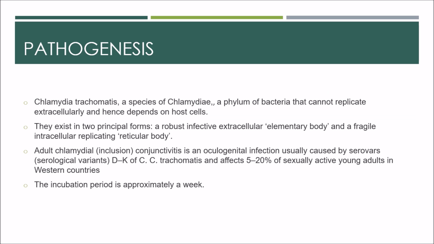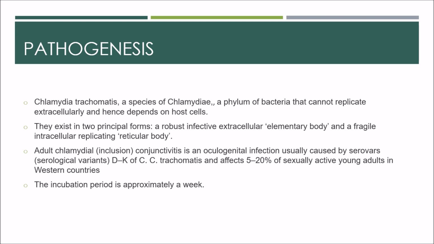Starting with pathogenesis. Chlamydia trachomatis is a species of chlamydia, a phylum of bacteria that cannot replicate extracellularly and hence depends on host cells. They exist in two principal forms: a robust infective extracellular elementary body and a fragile intracellular replicating reticular body.